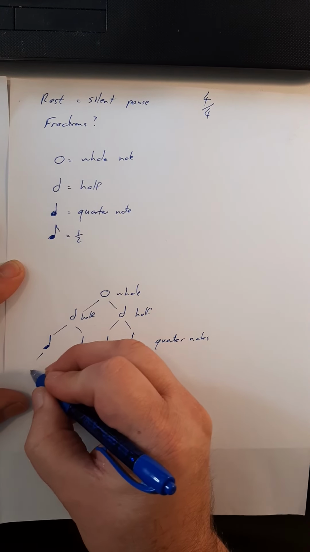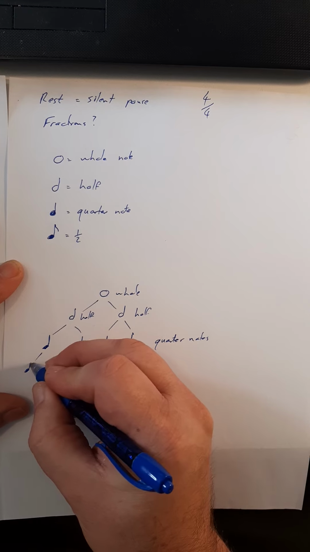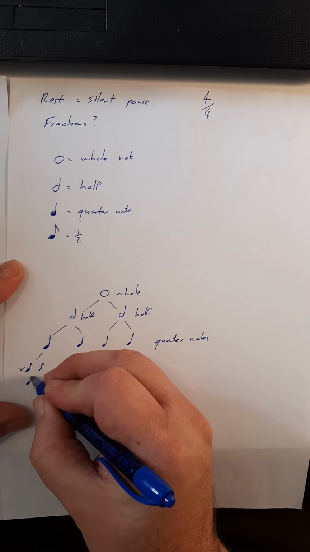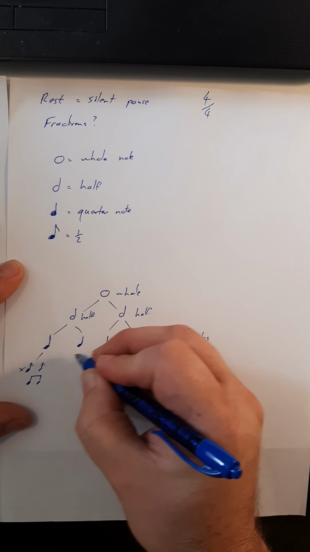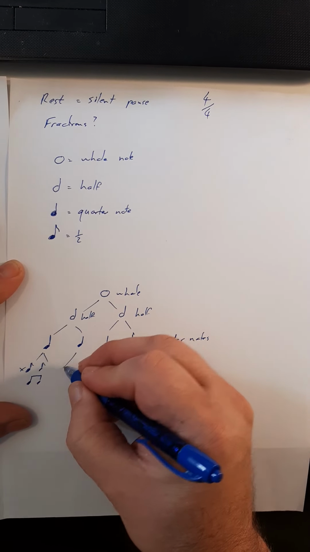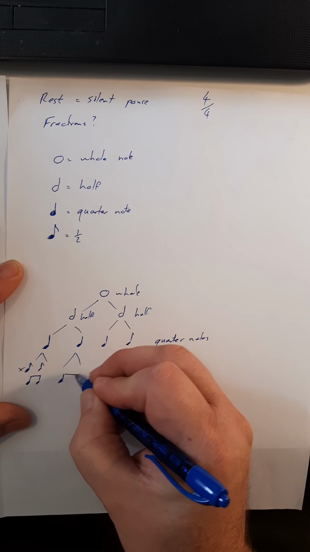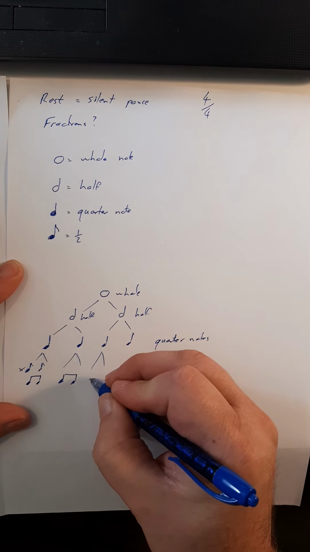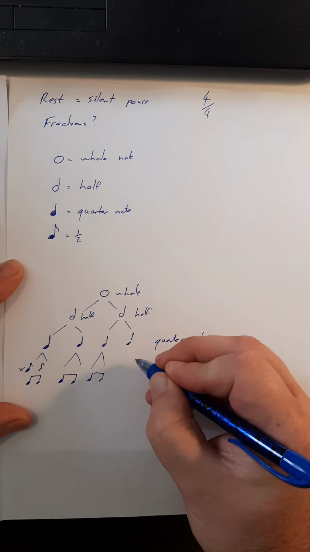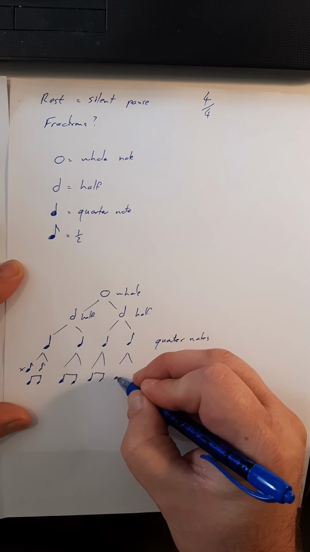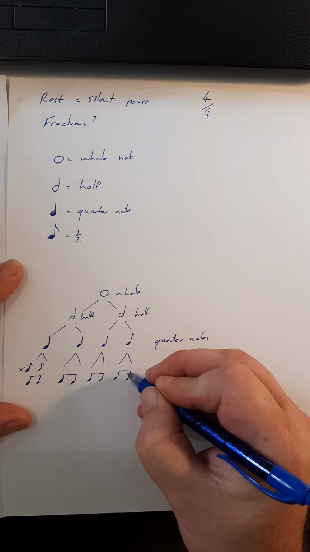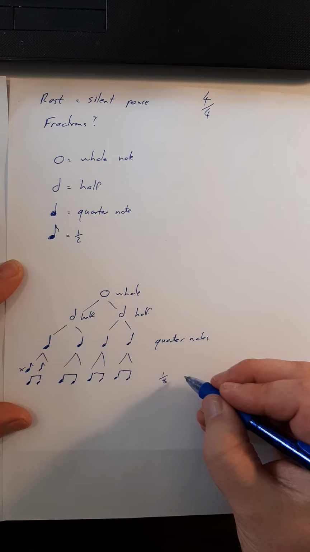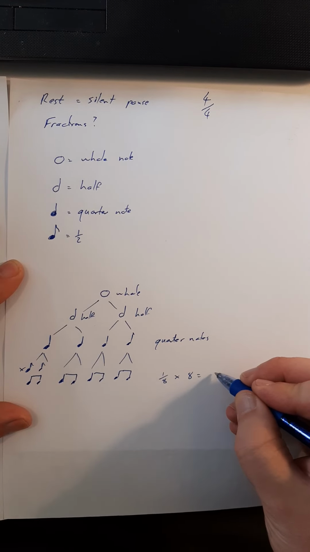Then that again will divide into 8ths, but I don't like writing it like that, so we're going to join them like that, and do that over here, and the same over here. This diagram, which I saw in one of the classes somewhere, is a really nice illustration. I wish I could say I thought of it, but I didn't. It's a very useful one, and there you can see your 8th notes. 8 eighth notes equal a whole note.